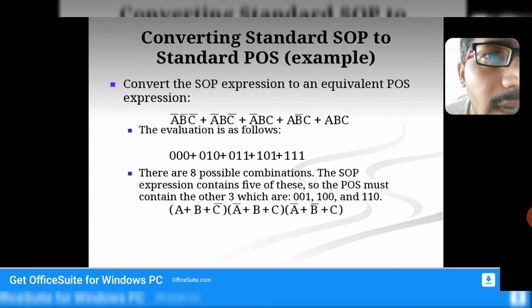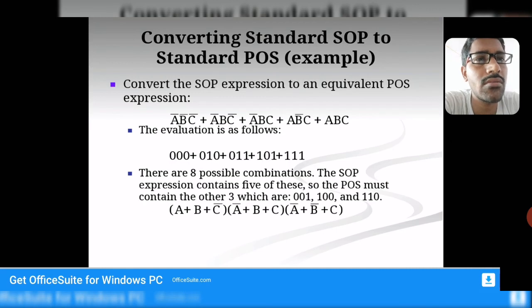There are 8 possible combinations. The SOP expression contains 5 of these. So the POS must contain the other 3, which are 001, 100 and 110. So what does it say?